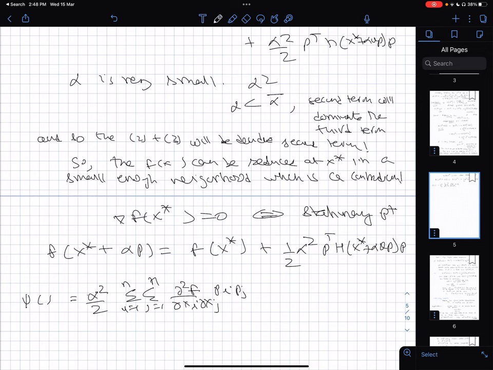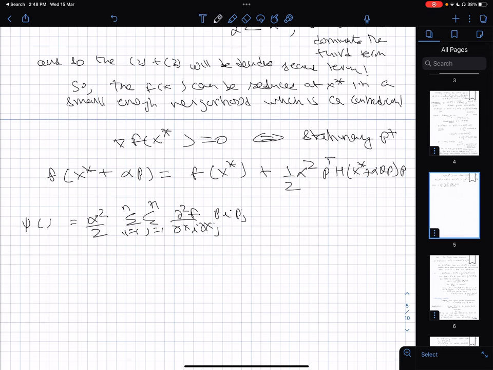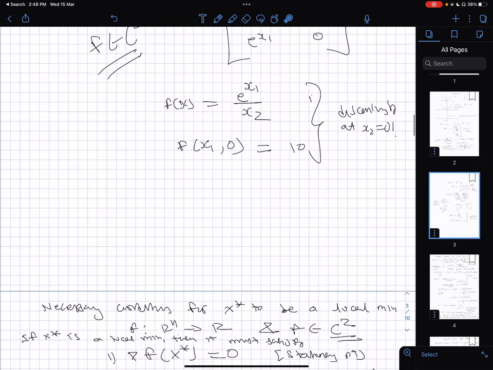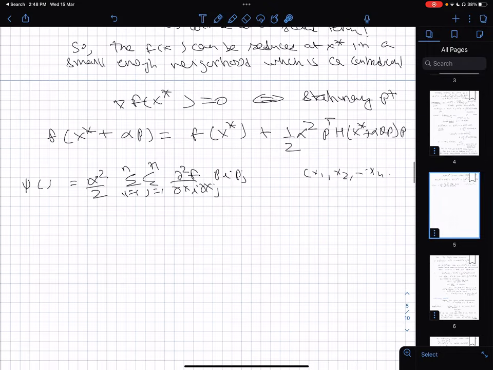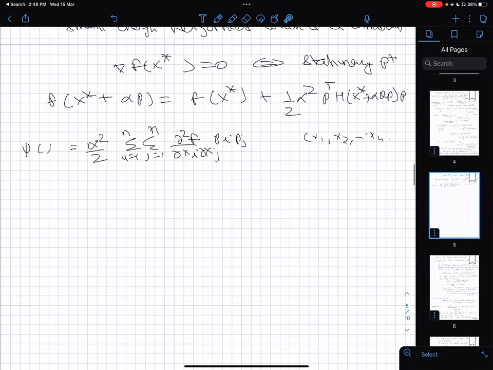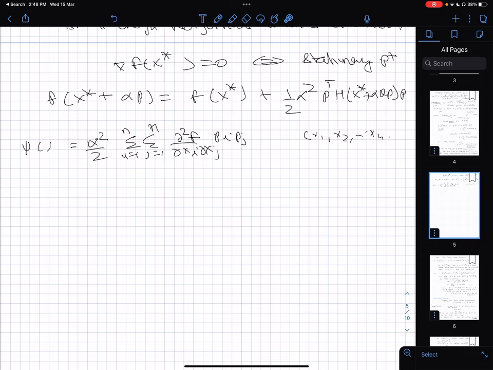So if you look at this, it is actually again a function in x1, x2 to xn, and I have already said that my function is twice continuously differentiable. So because my function is twice continuously differentiable, this is actually twice continuously differentiable. We have seen one example somewhere here of what we mean by a twice continuously differentiable function.